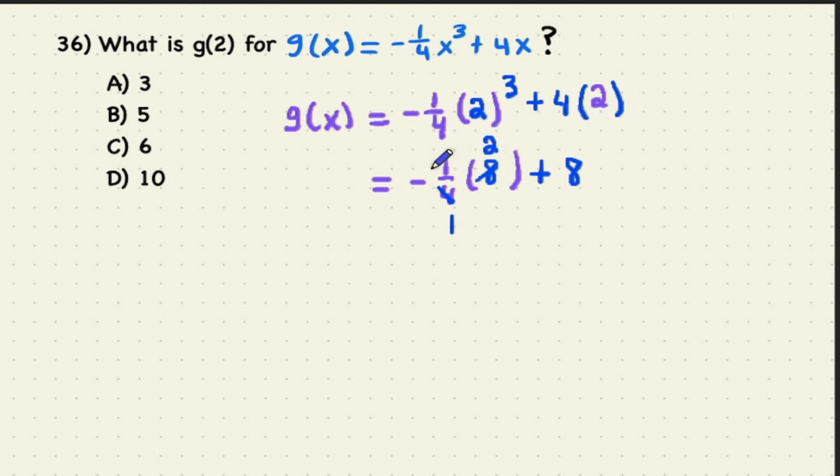And so that leaves us with -1 times 2, which is equal to -2. And then you bring down your +8. And so -2 plus 8 is equal to +6. Okay, and that is answer choice C. Let's move on to number 37.